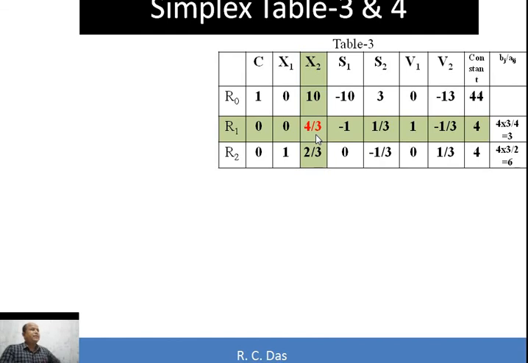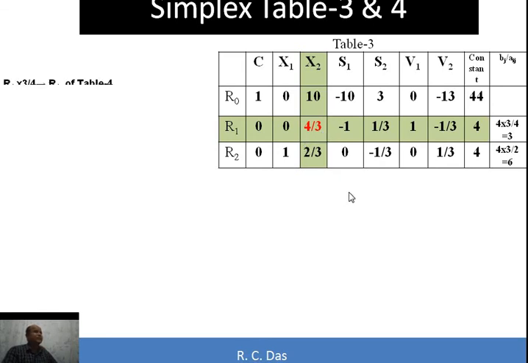Now again we have to make it 1. To make it 1, we multiply the R1 row by 3 divided by 4. Since it is 4 by 3, we have to multiply it by the reciprocal of this pivot element, that is 3 by 4.